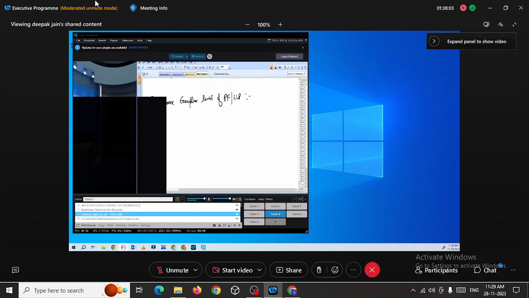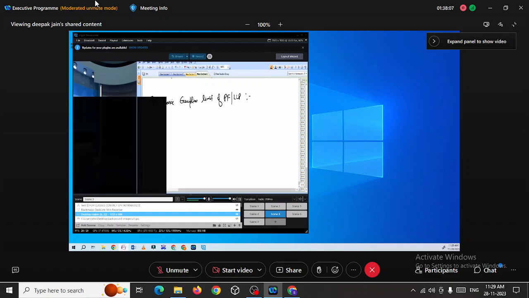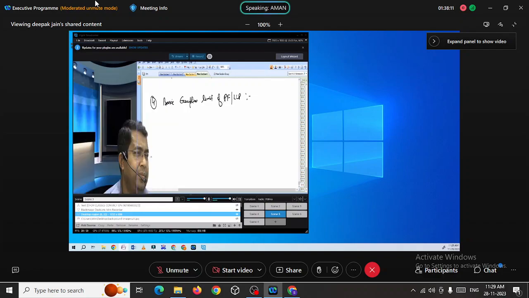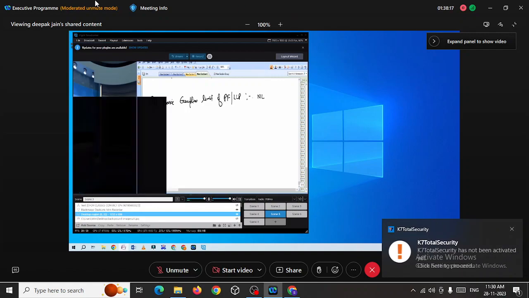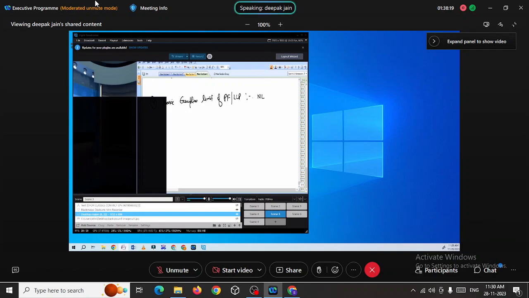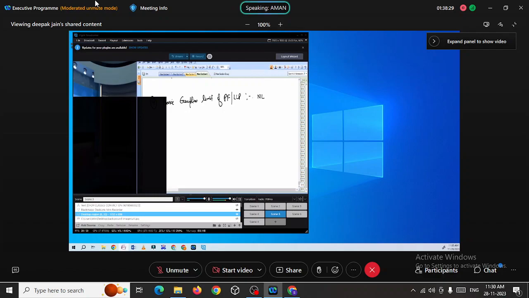What is the basic exemption limit of firm? Sanjay, Hanna, Aman, Shanta. Sir, nil. Meaning thereby, even if a partnership firm earns 1 rupee, it will have to pay tax. Clear?